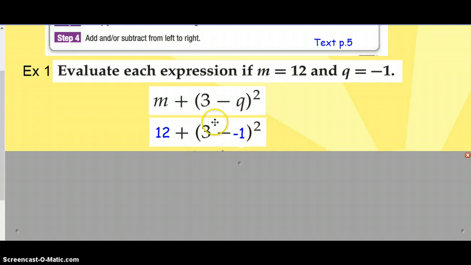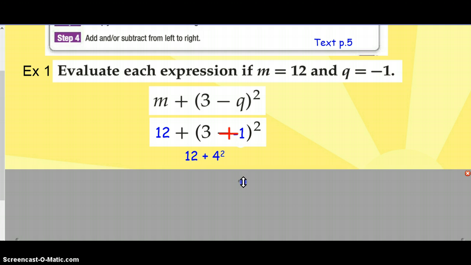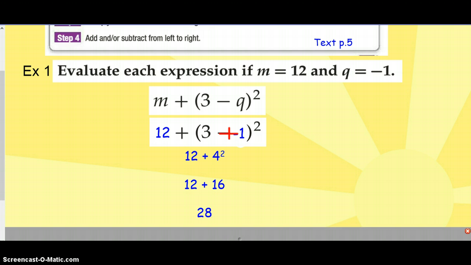Here's a grouping symbol right here, those parentheses. So we need to simplify inside, and we do that by doing 3 minus -1. Now, minus a negative is the same thing as adding. So we end up with 12 plus 4 squared. Our second step is exponents, so 4 squared becomes 16. And then the third step is multiplication and division. Since we have none of that, we go ahead and add and get 28.